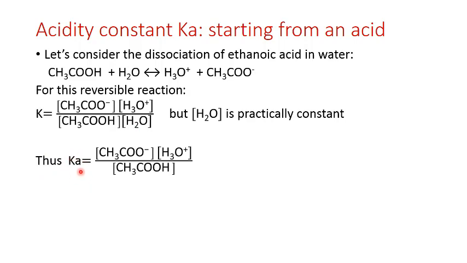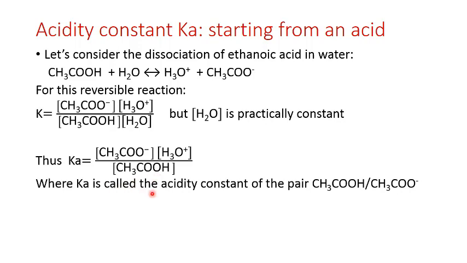So Ka is the concentration of the conjugate base of the acid multiplied by the concentration of H3O+ produced by the acid, over the concentration of the acid, and this is something to be remembered from now on. So once we say Ka of an acid, even without writing the equation, we can directly write it in that way: the conjugate base from the acid multiplied by the concentration of H3O+ produced, over the concentration of the acid at equilibrium, or we can refer also to the equation, and this is Ka.